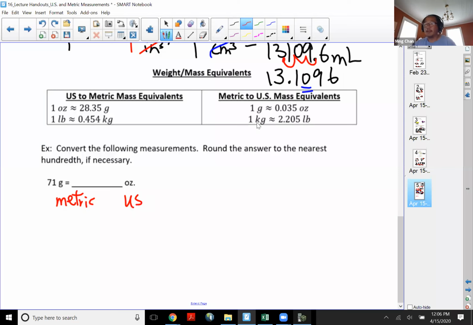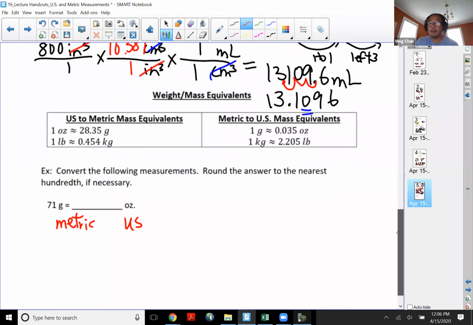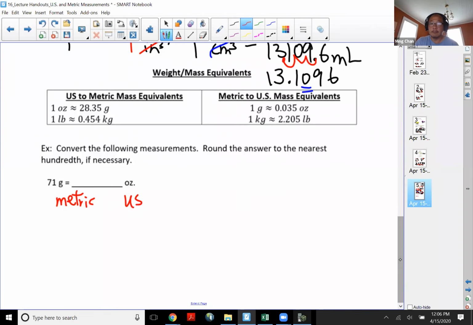You can do it yourself. 1 kilogram is how many pounds? About 2.2. There you go. Last time when I took my kids to the pediatrician, they told me how many kilograms. So I did a quick math in my head. I already know the answer, but the lady says, "Oh, I'll let you know how many pounds your baby weighs," but she never told me.